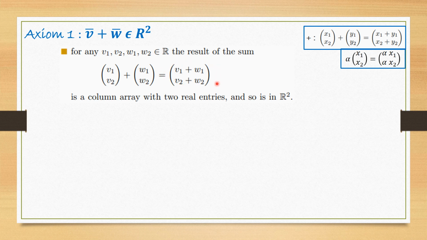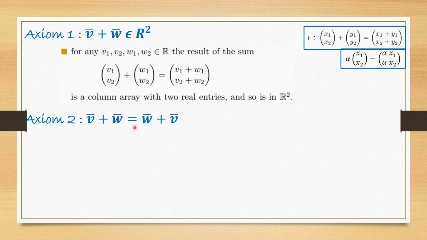So the resulting sum is a column vector with two real entries. So u vector plus v vector is in R2. Capital V is closed under vector addition. Our V is nothing but R2. So R2 space is closed under vector addition.